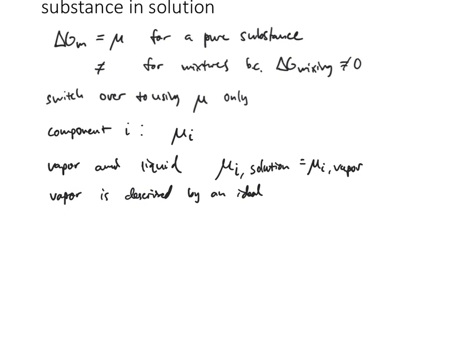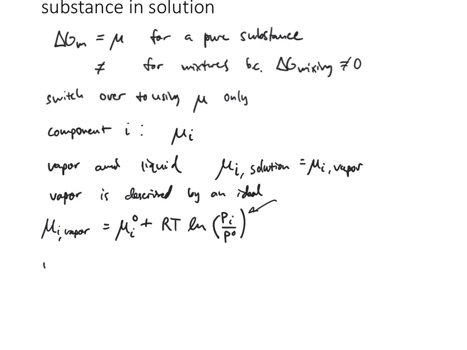And that's going to be really convenient for us because we already learned that the chemical potential of anything in the gas phase, and we can say for our particular component I, is equal to the chemical potential of that component in the standard state plus RT log Pi over P naught. This is indistinguishable from what we covered in chapter 6 with regards to ideal gases. This is the partial pressure of the ideal gas for component I in the vapor above the solution.